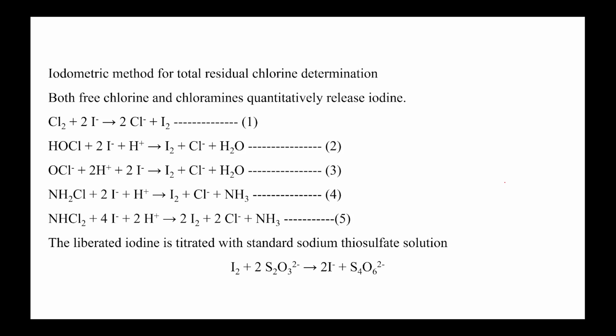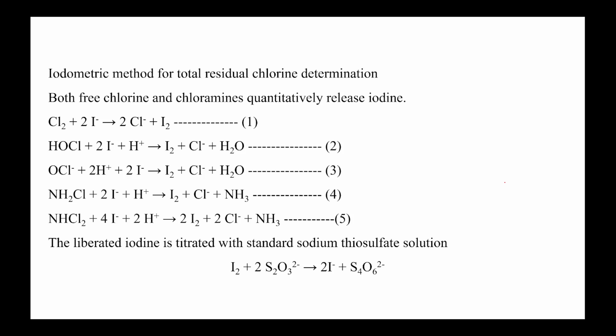In this case, the titrant is sodium thiosulfate, and drop by drop you keep adding the titrant to the reaction flask, and that titrant will react with the liberated iodine and form a product. That product will react with the indicator that we are adding. In this case, we are adding starch as the indicator, and that indicator will detect the product and give a color.